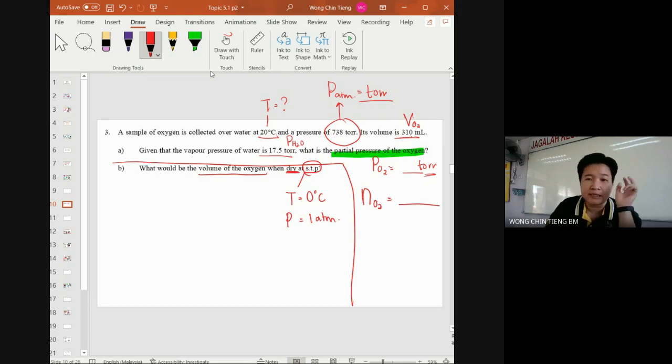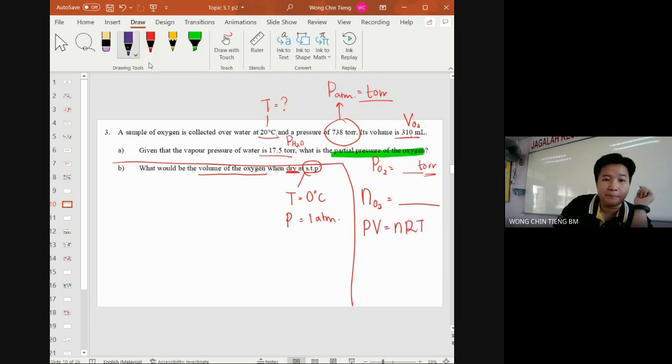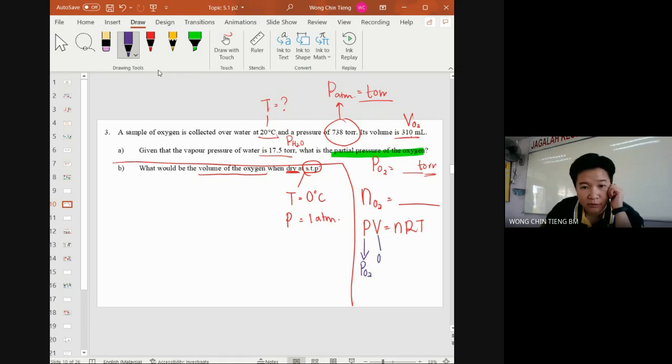Okay. So kamu kena kira PV equals to nRT 2 kali. PV equals to nRT untuk kali pertama is the temperature, is the pressure of your O2 calculated. Volume is 0.31 liter. Number of mole is the one that we are looking for. R is a constant. Temperature is 293.15 Kelvin.